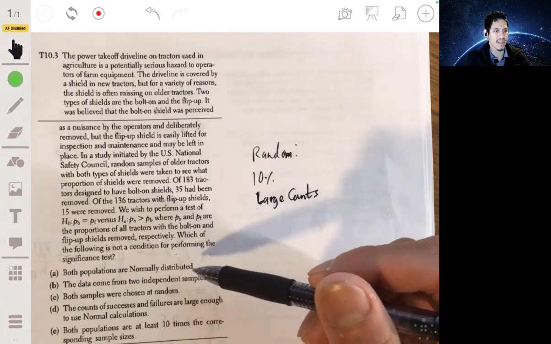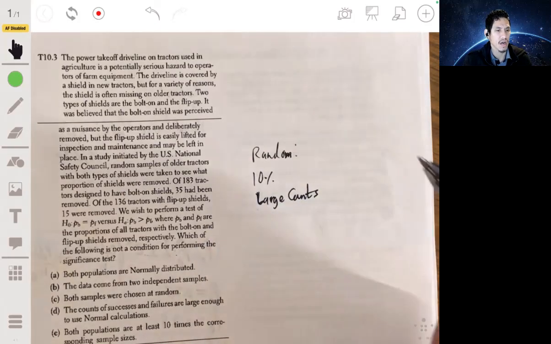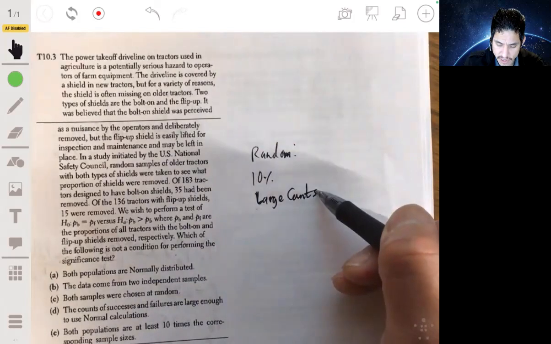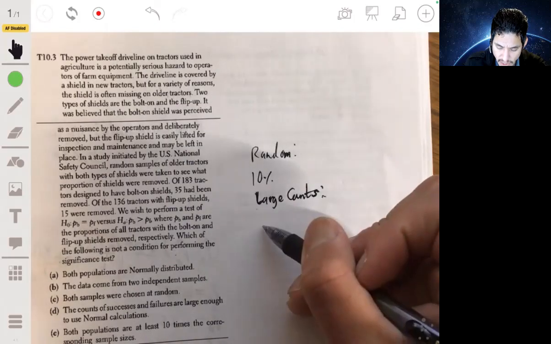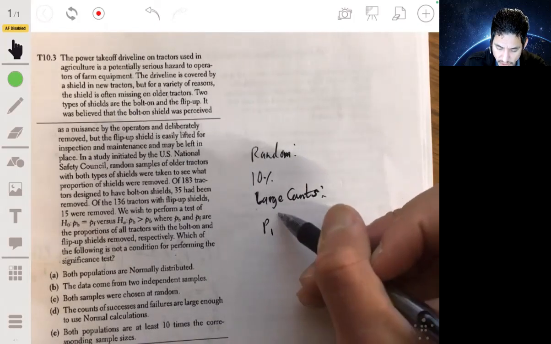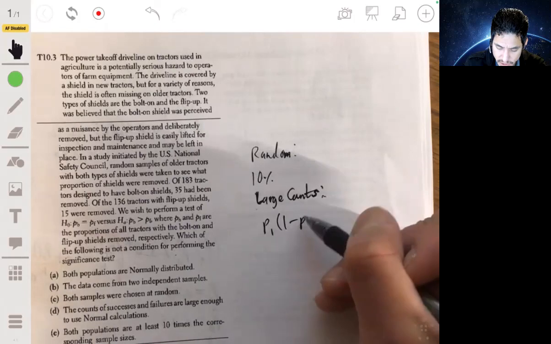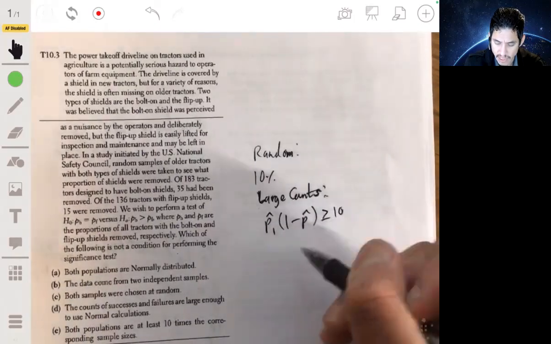I mean, the answer should be yeah. It doesn't have to be normally distributed. The way this gets taken care of is by the large counts. This is why we check if the number of successes and failures in each sample is at least 10.